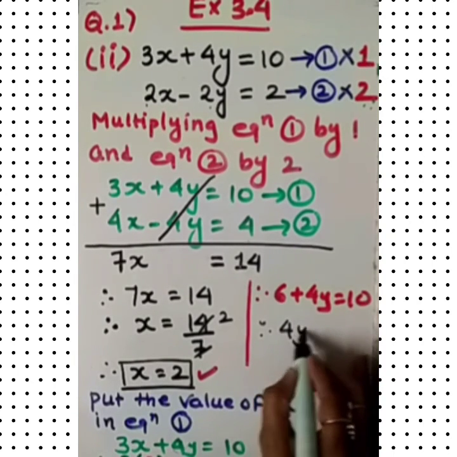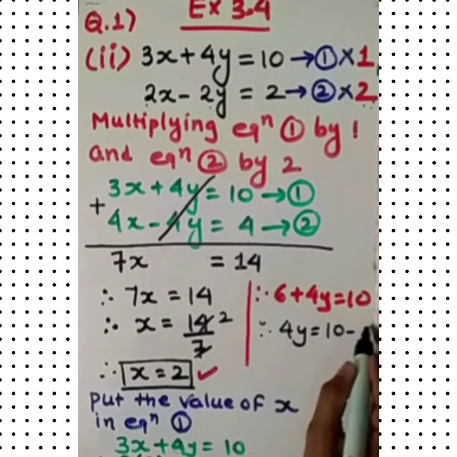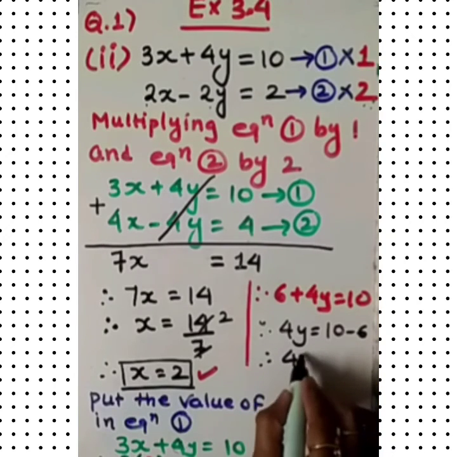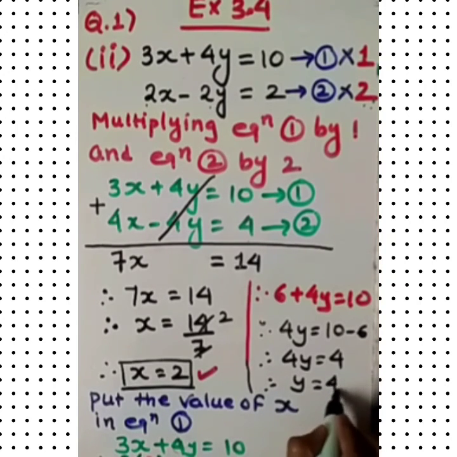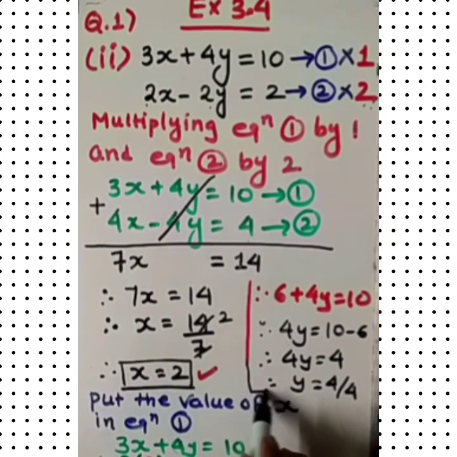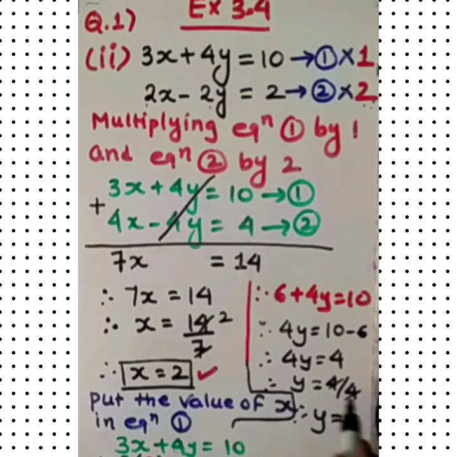So it gives the result 10 minus 6, therefore it is 4. Therefore, y equal to 4 by 4. What is the answer? After cancelling this, 1 is the answer.